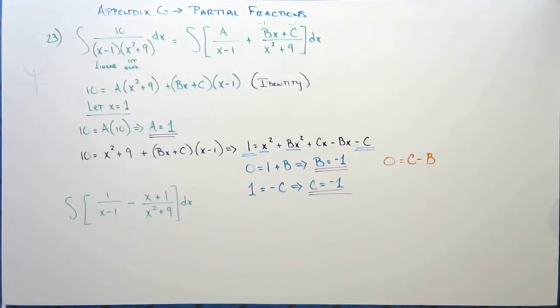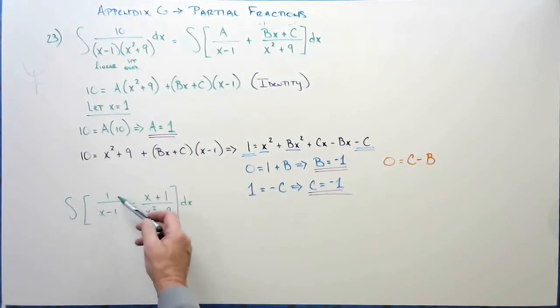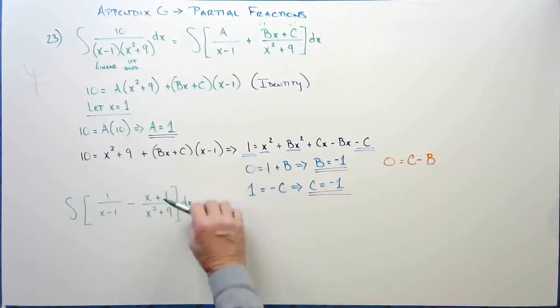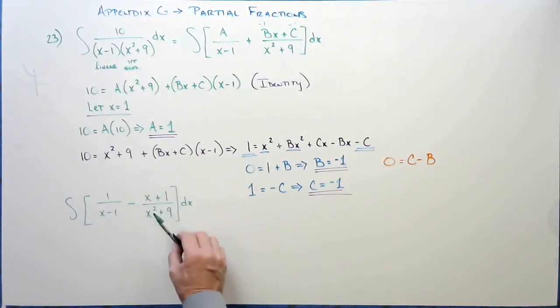Now we have to integrate this. When you get an integral of this type here, we know this integral. We did this in the last example. This integral is the natural log of the absolute value of x minus 1. Over here, however, we have to do a little more thinking.